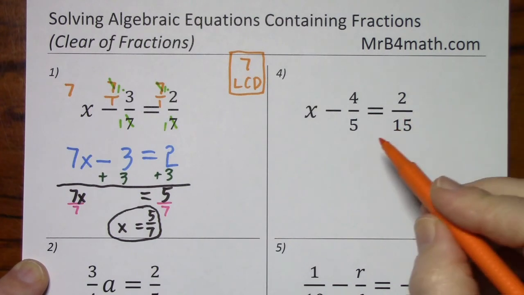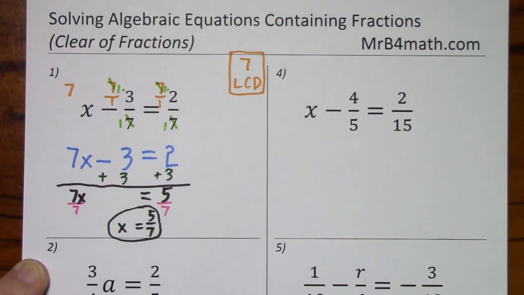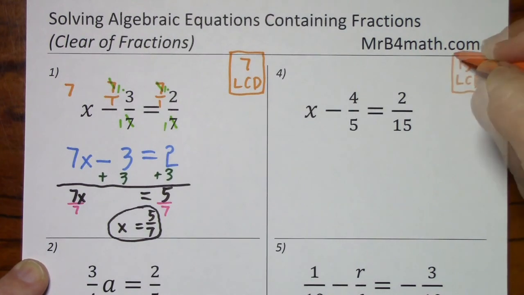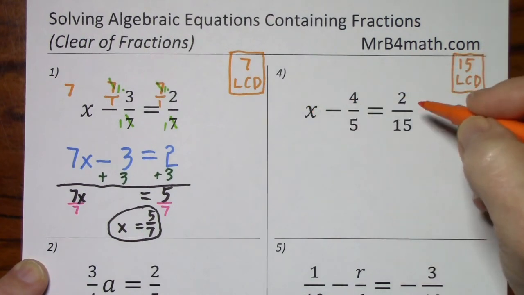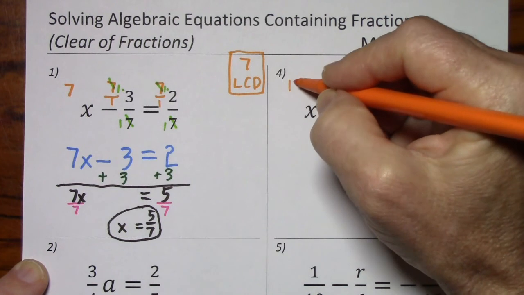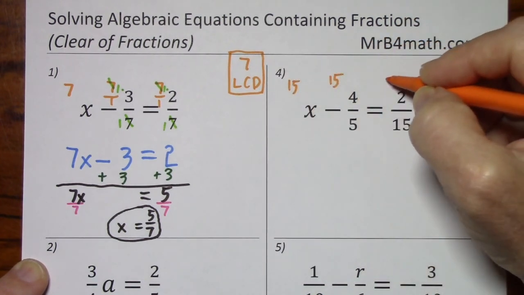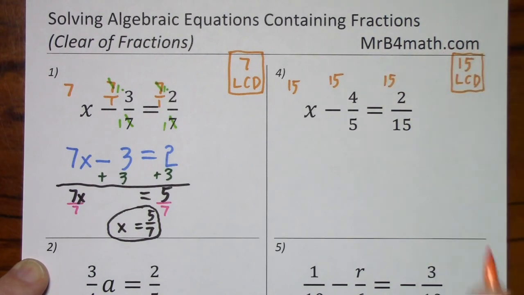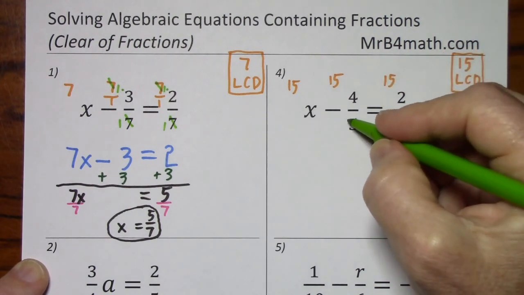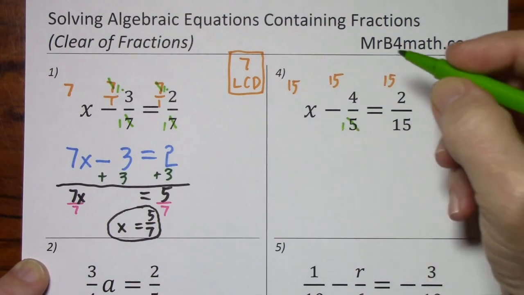Looking at the next equation, between 5 and 15, 15 is the least common denominator. So we multiply each term by 15. We can reduce. Divide by 5 leaves you with 1.